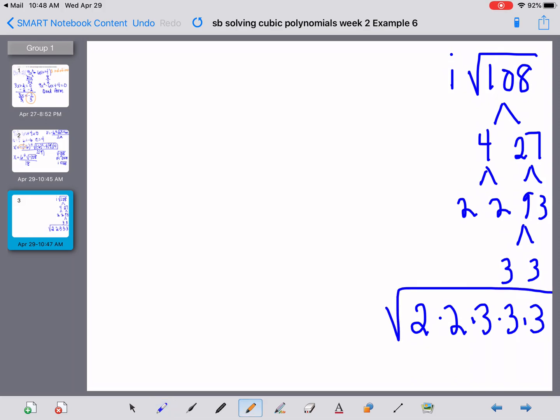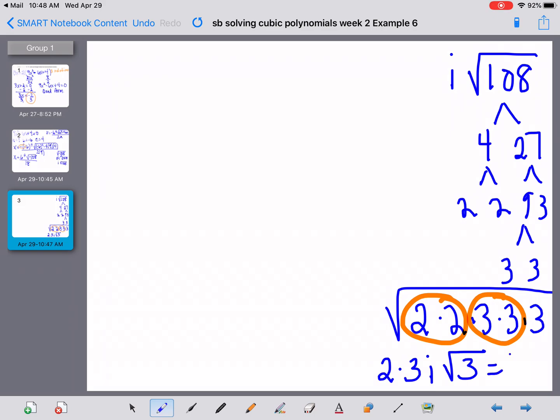And what we need are 2 of the same to take out 1. Two of the same to take out 1. Remember, solve it the way your Algebra 2 teacher taught you. But we already have an i out there, so we've got 2 times 3i square root of 3, which ultimately equals 6i square root of 3.